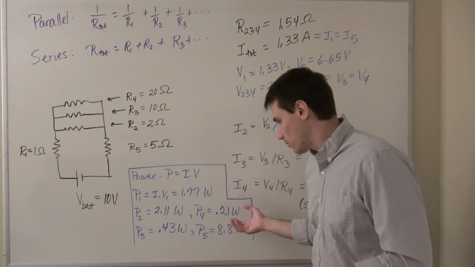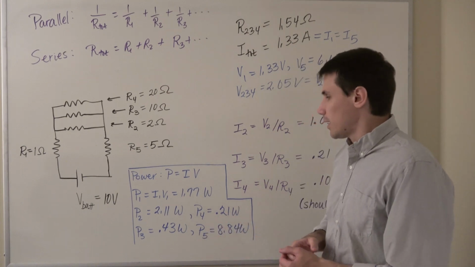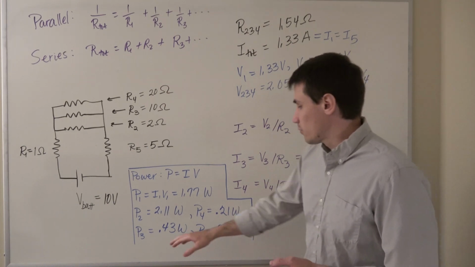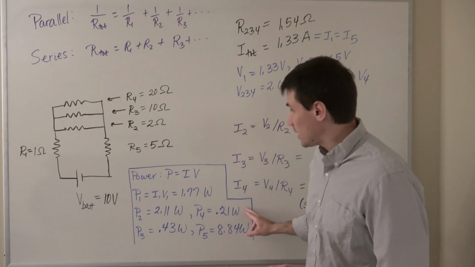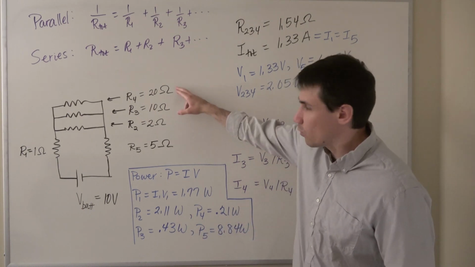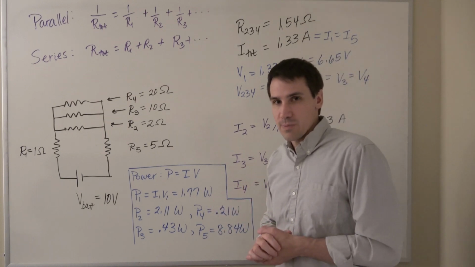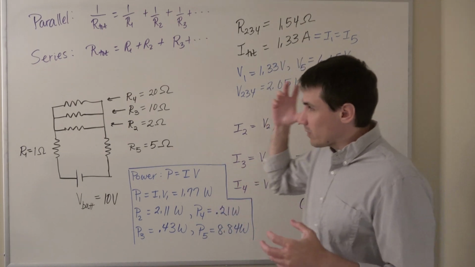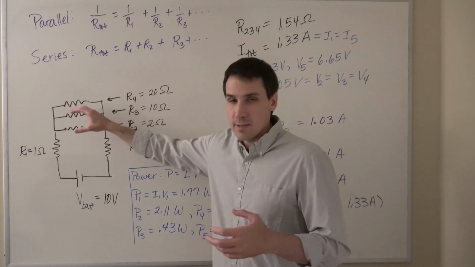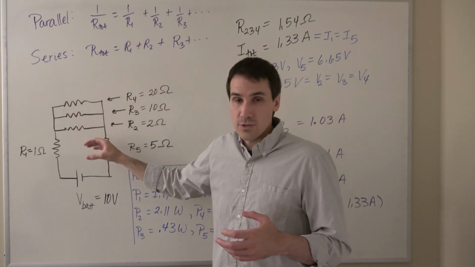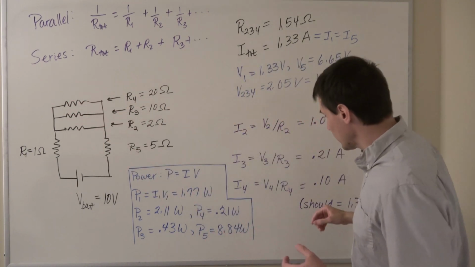Therefore, it has a large power output. If we look at, for example, P4 here, our 20 ohm resistor, you might think, oh, that's a really big resistor, it's going to have a very large power output. But what we find is that because it is in parallel with the other resistors, it actually has a very low current.